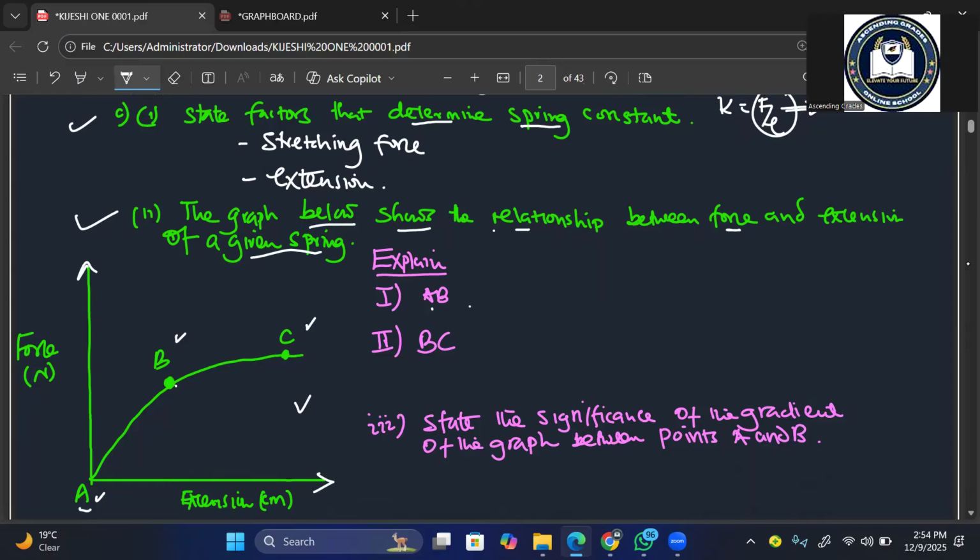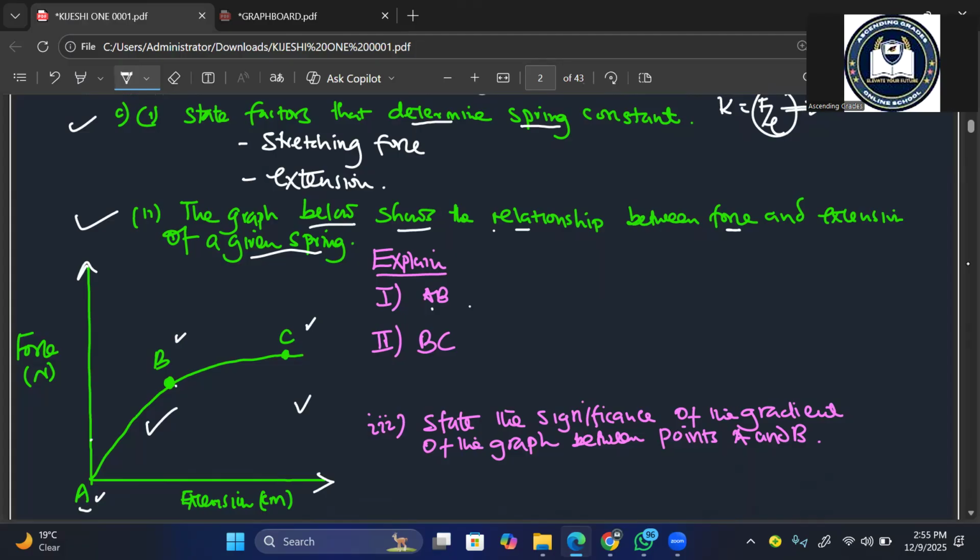You are told to explain AB. AB, you are supposed to explain it in terms of what the gradient or the slope of the graph is supposed to be giving us. So we expect to have spring constant as the slope of this one.